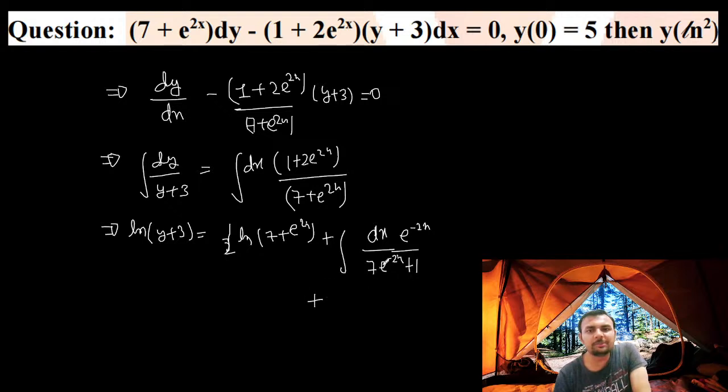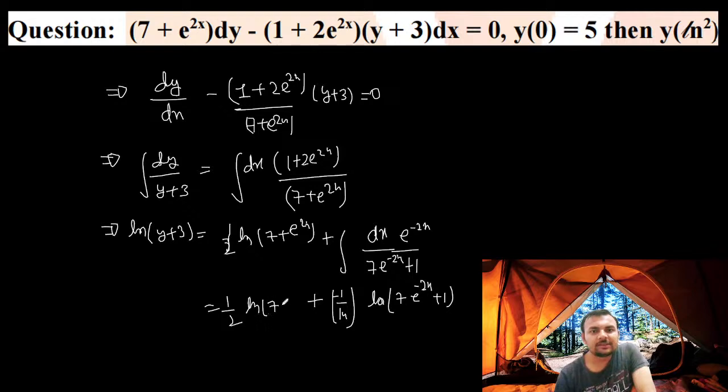So we can do simply differentiation. This will come out to be minus 14. So minus 1 by 14 ln (7 e to the power minus 2x plus 1), and this is 1 by 2 ln (7 plus e to the power 2x). This is ln (y plus 3), and we have plus c.